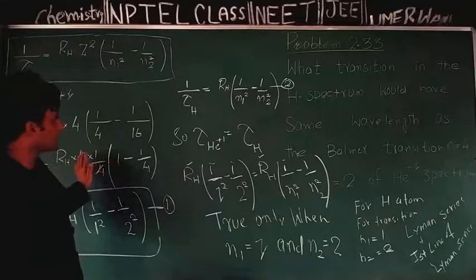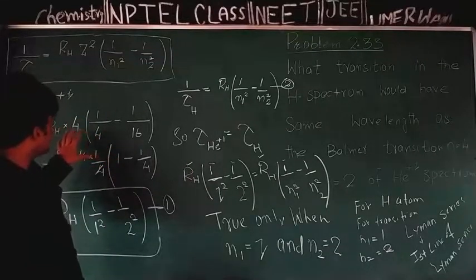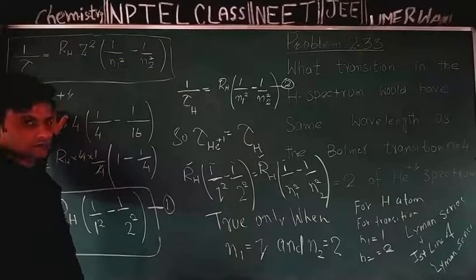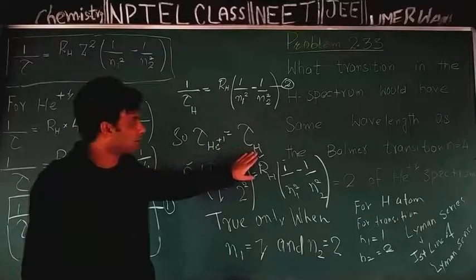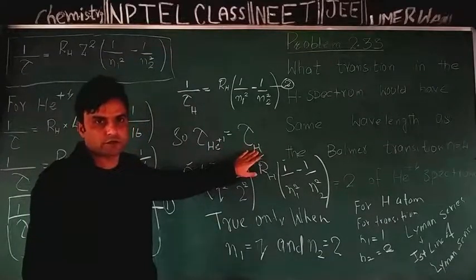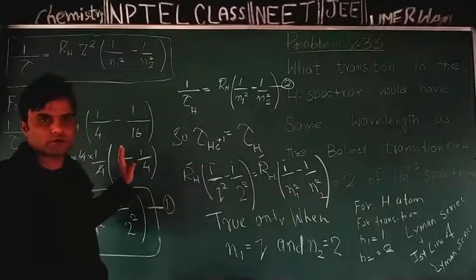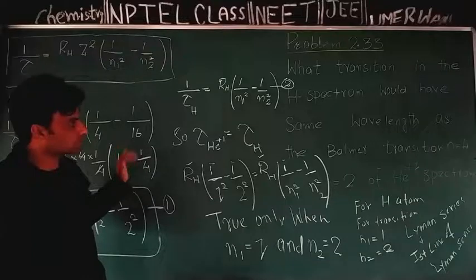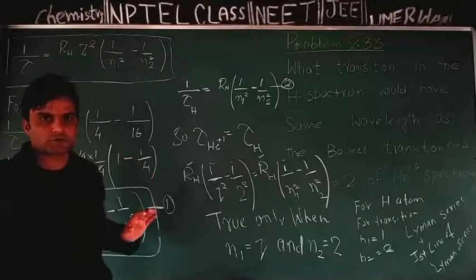Similarity is that wavelength of quantum of radiation emitted during electronic transition in case of unipositive helium ion is equal to wavelength of quantum of radiation emitted during electron transition occurring in case of hydrogen atom. Wavelength is same, rest N1 and N2 are different, and the part of spectrum they belong to is also different.